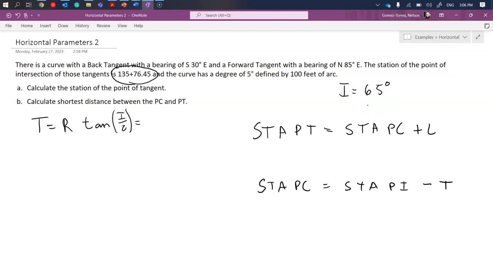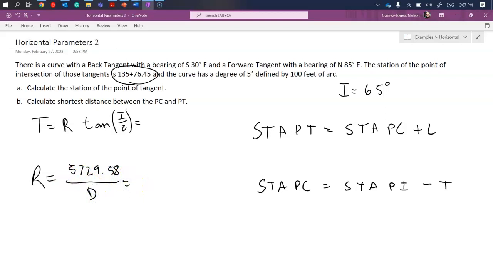But we don't know what R is. So let's continue going back. So what is R? The formula for R, whenever the degree of the curve is defined by 100 feet of arc, is going to be 5729.58 over D.